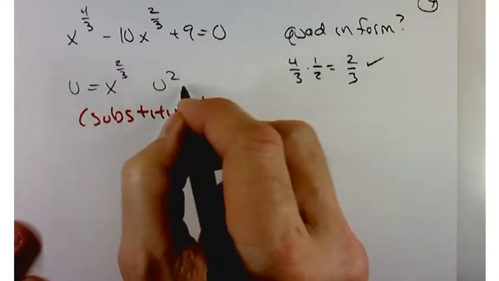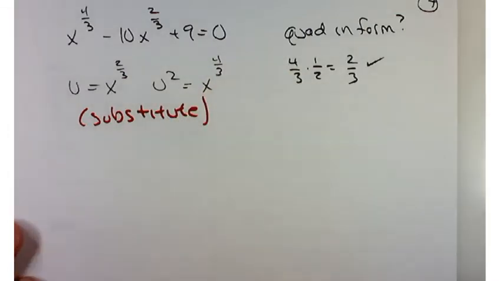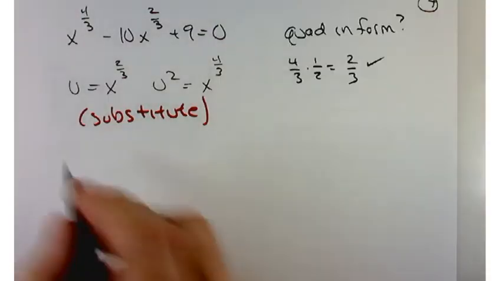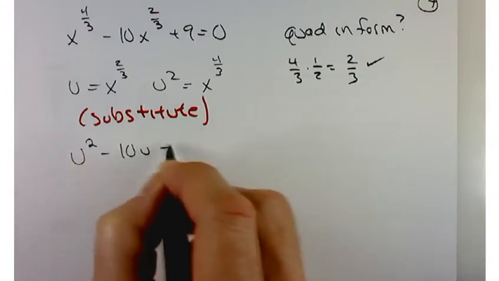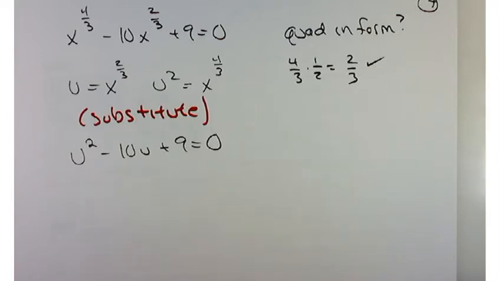Perfect. X to the 2/3, and that makes u squared x to the 4/3. Awesome. Chris, with these substitutions, what can I rewrite my equation as? Good. Except let's use u's instead of x's. Yes. So u squared minus 10u plus 9 equals 0.